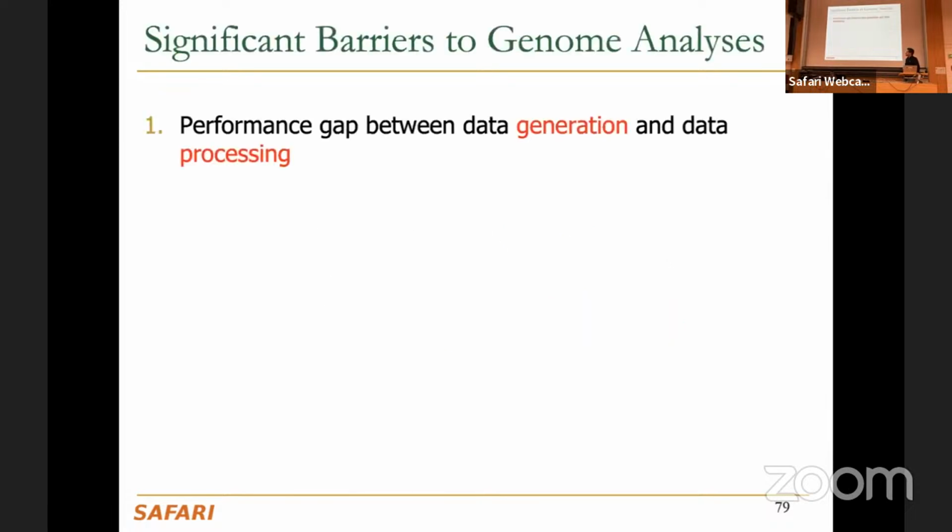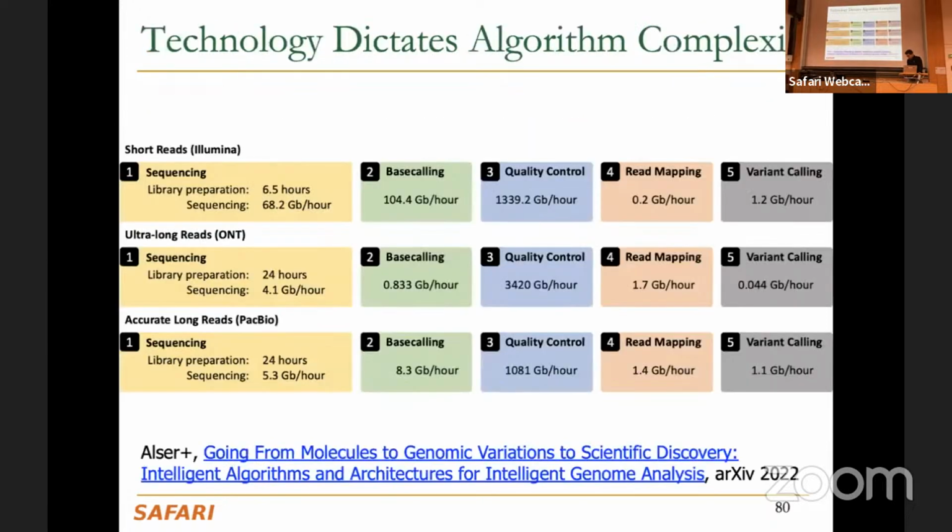And one big reason is there is a significant performance gap between the data generation and data processing, as we covered before. And when we look at the throughput at each step, starting from the data generation, where you sequence the data and you generate your data, and then you move further in the genome analysis pipeline, you perform your read mapping, and maybe variant calling.